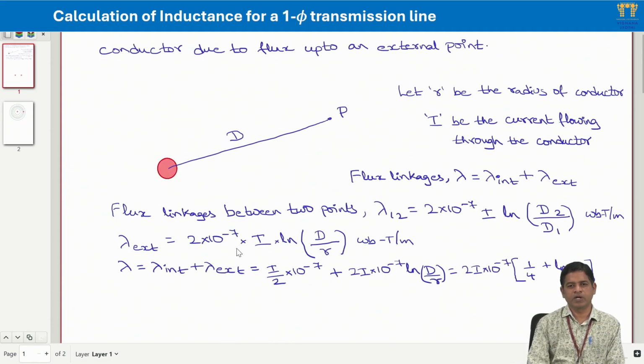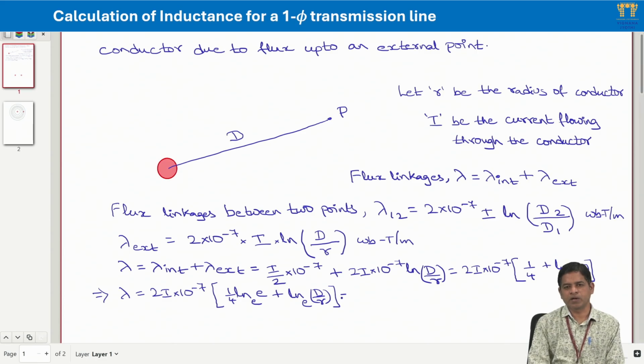Now this can be further reduced, like this. It implies lambda is equal to 2I into 10 power minus 7. Now I can write 1 by 4 as 1 by 4 into log e base e, plus log of d by r to base e.